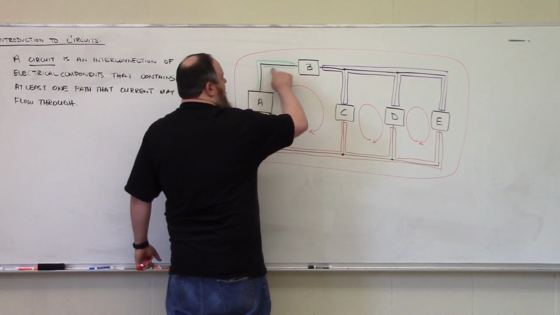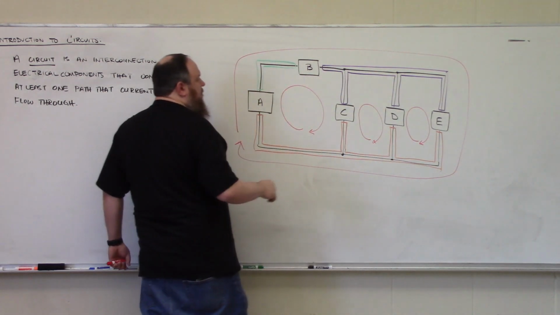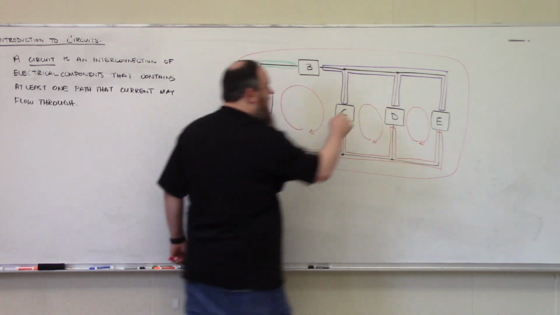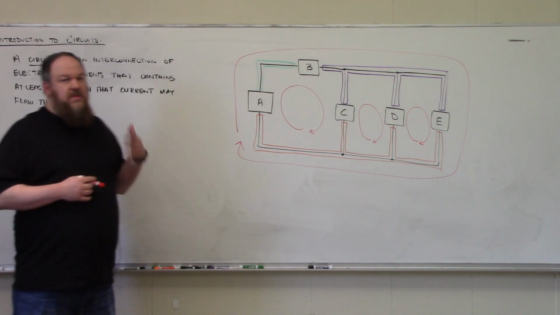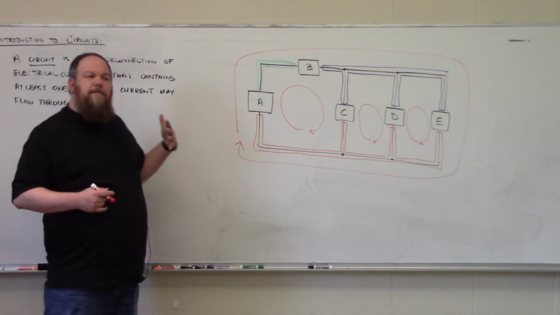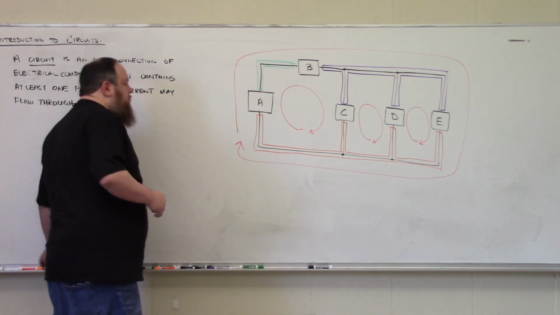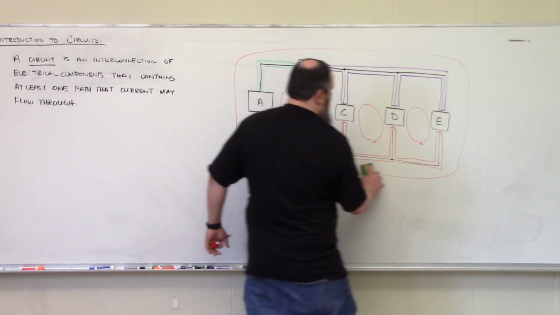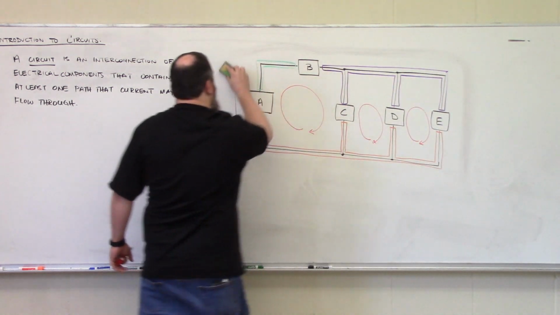So we could go from A through B, down through D and return, or we could go through C, down through E and return. Those are our other 2 loops. So there are 6 total loops. And so again, a loop is simply any closed path that current could possibly flow through. And we'll revisit this concept of loops an awful lot when we get to mesh analysis in about a week and a half.